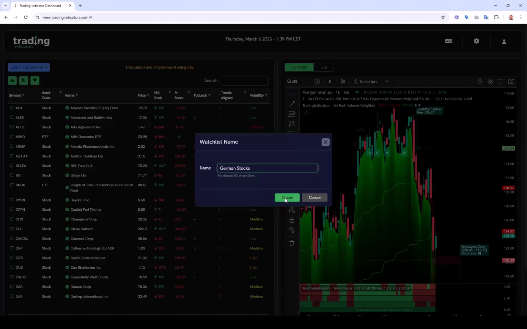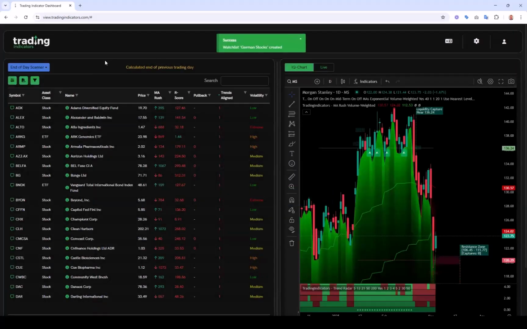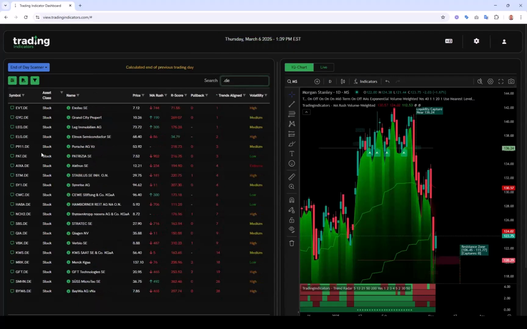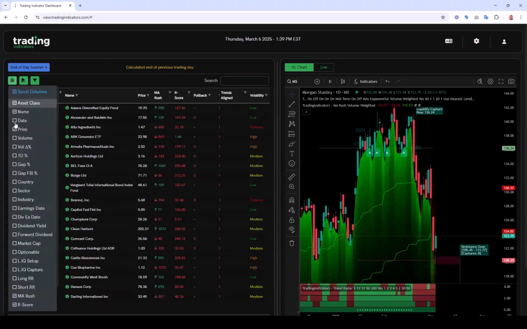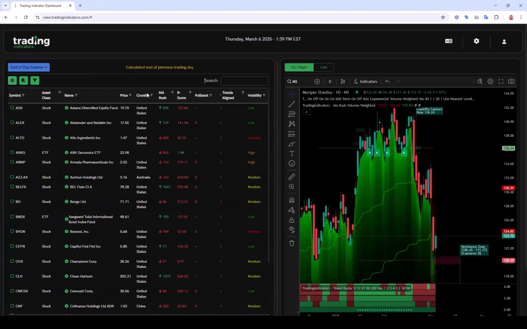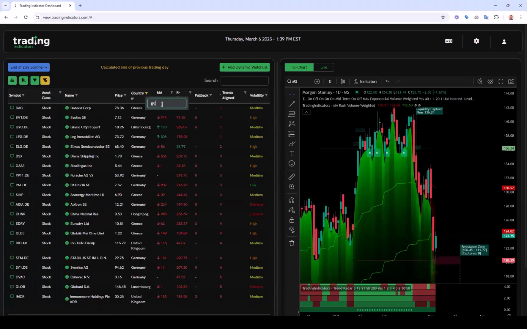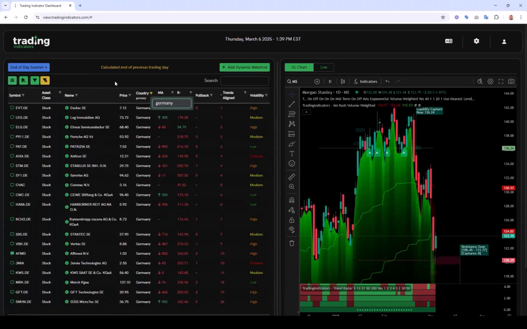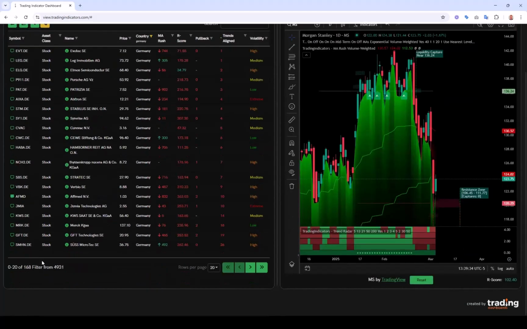I want to show you another feature. So this watch list is now created. And then I could, for example, sort either up here by typing in .de to find all the German stocks, or what else I could do, I could go to my country selector here and put the country Germany in here. All right. So now I have all these stocks here, these 168 stocks.